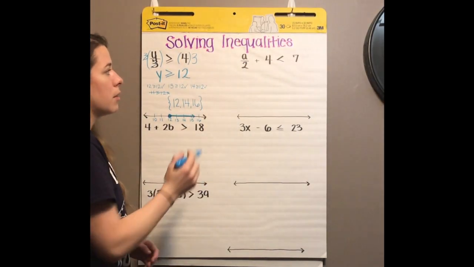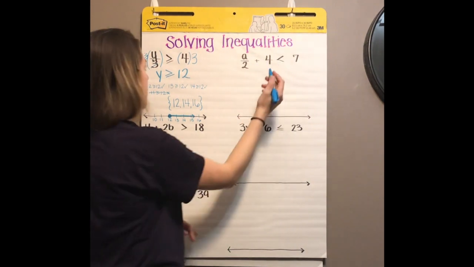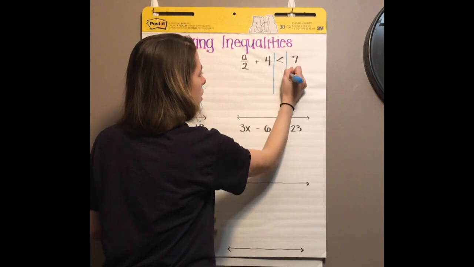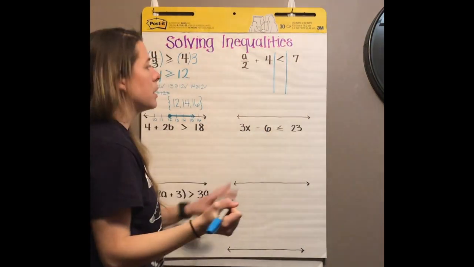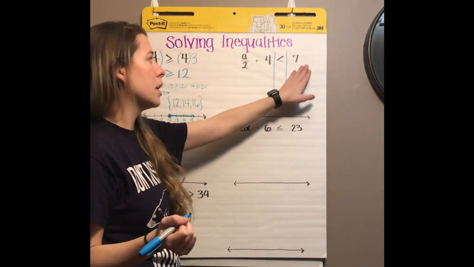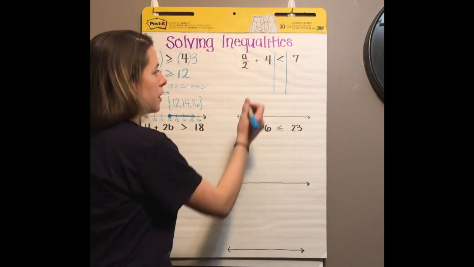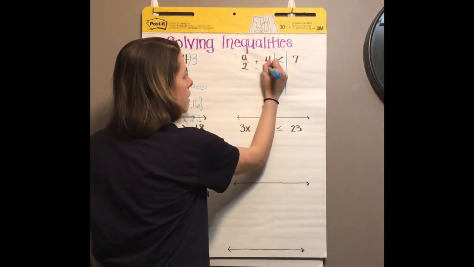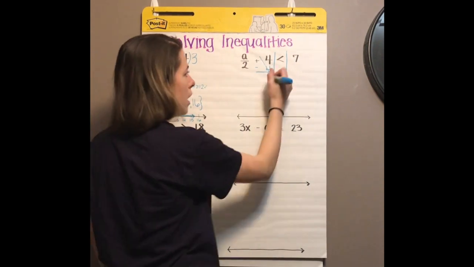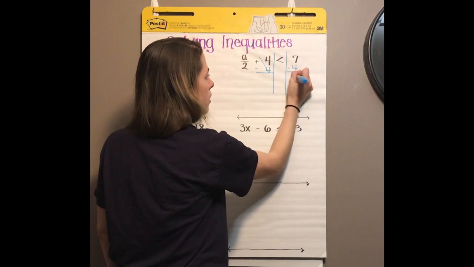Here's a two-step inequality. It says a divided by 2 plus 4 is less than 7. So I still want to use my railroad tracks because I have to make sure what I'm doing here, I'm also doing here. Because this is a two-step equation, I want to get rid of my addition first. I would do that by subtracting 4, which just cancels it out on the left side, and then I do 7 minus 4, which would be 3.